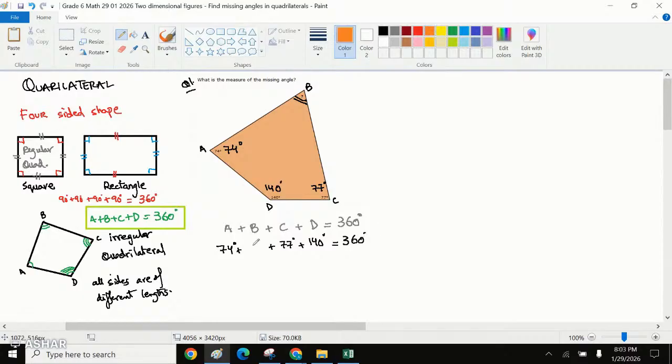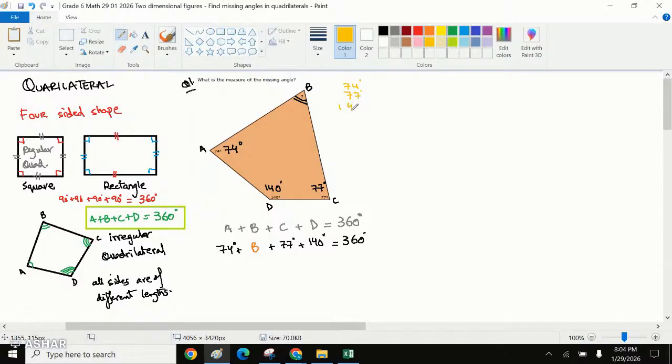So we need to find the value of angle B. Can we add the three angles? Can we add 74 plus 77 plus 140? If we add these numbers together, 77, 74, and 140, sorry, this is 140.